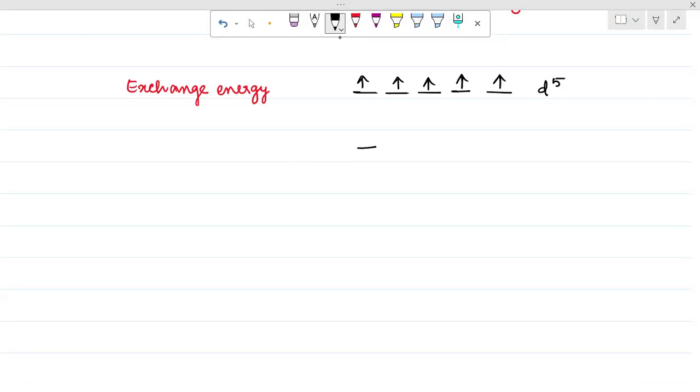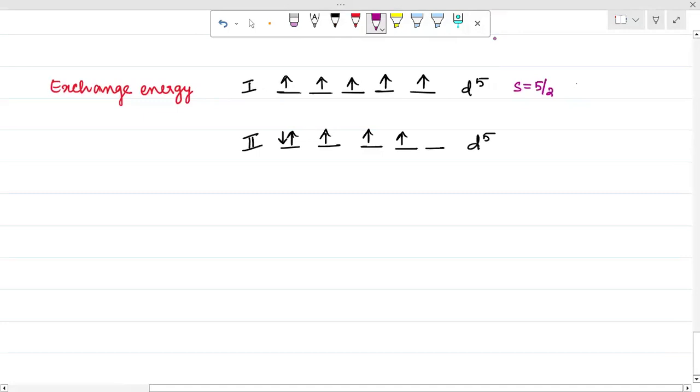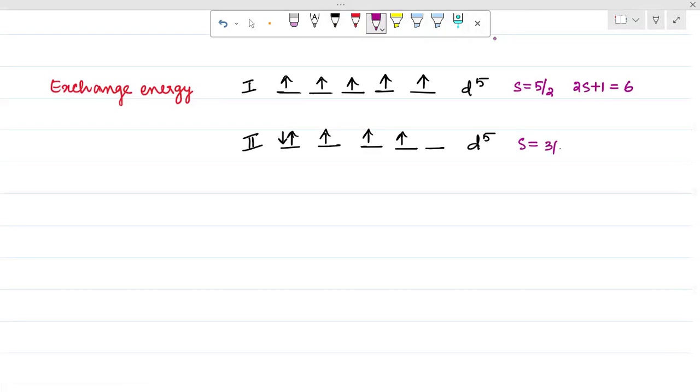And you have another configuration, D5, but this is like this. So this is configuration 1 and this is configuration 2. Of course, by spin multiplicity, here the total S value will be 5 by 2 and your spin multiplicity will be 6. Here your total S value will be 3 by 2 and your spin multiplicity will be 4. So the system with higher spin multiplicity will be more stable. This is something that we have learned.